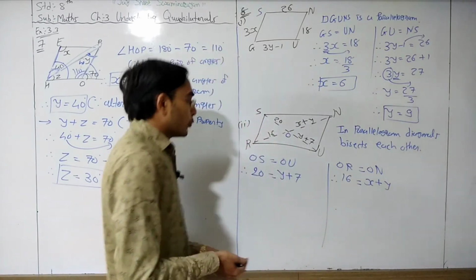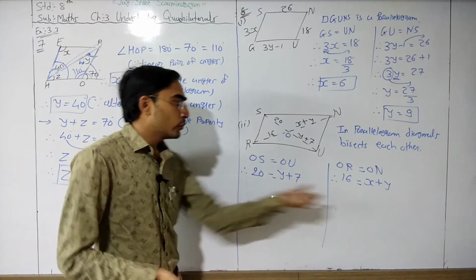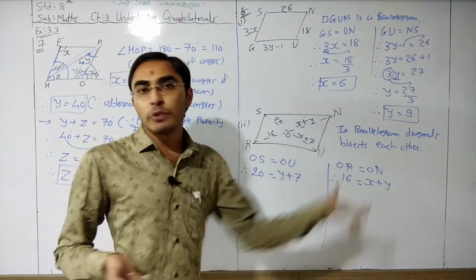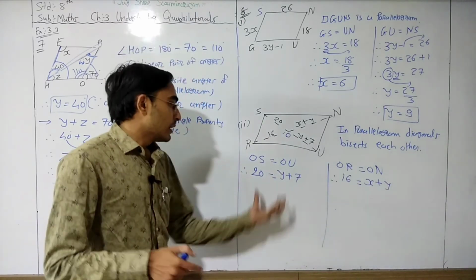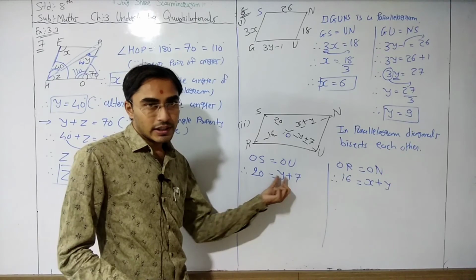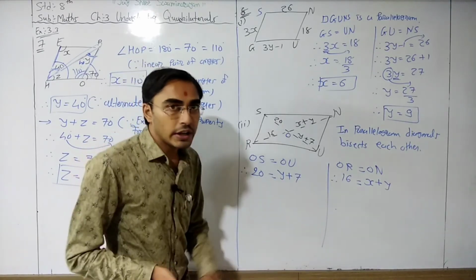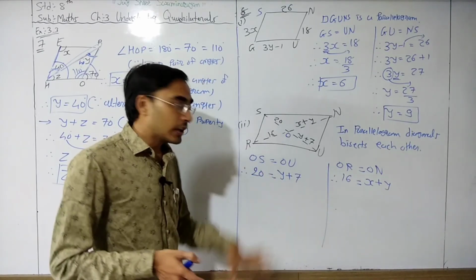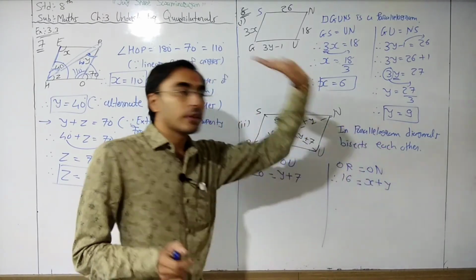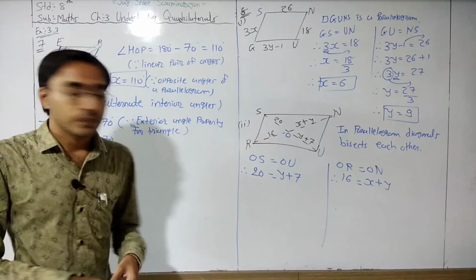But if you look at this equation, we have only one variable y. So from here we can find the value of y. After that we can put this value in equation number 2, and from there we can find the value of x.